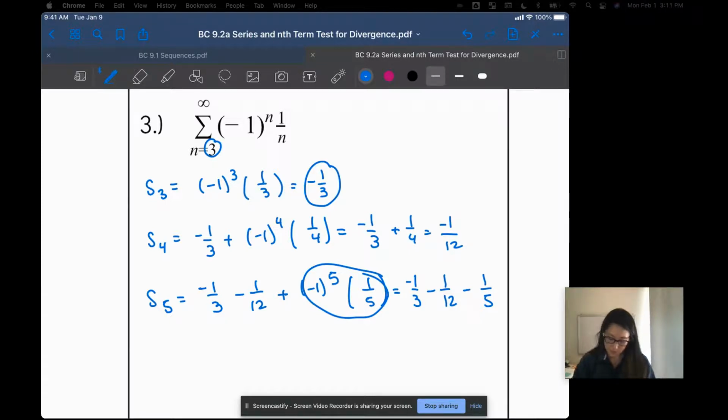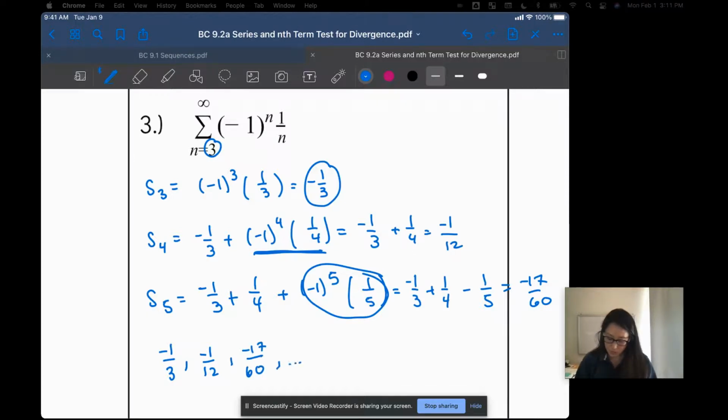I messed this up, sorry. This needs to be negative 1/3 plus 1/4, because I'm adding this part, minus 1/5 for our next term. This one's a pain because this is going to equal negative 17 over 60. So the sequence of the sums would be negative 1/3, then negative 1/12, then negative 17 over 60.